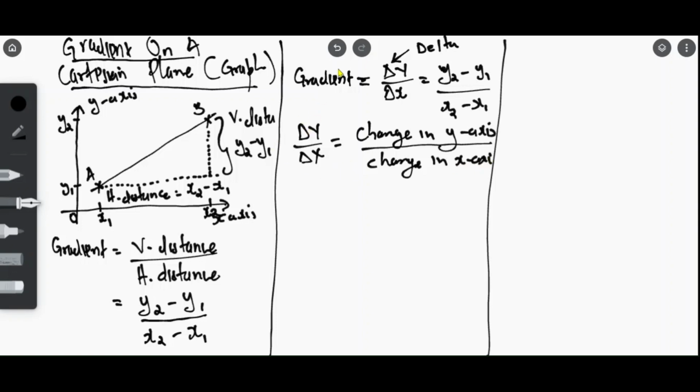So gradient is given by change in y-axis all over change in x-axis. This one is a symbol for change. If I write it like this, I mean change in y. If I write it like this, change in x. And this symbol we call a Greek letter delta. So this is the formula that you're going to use.